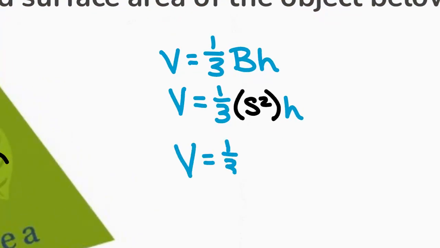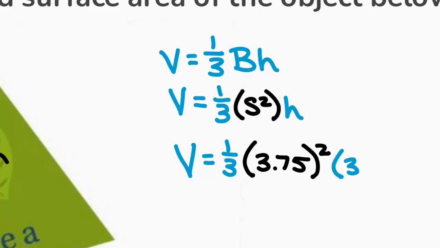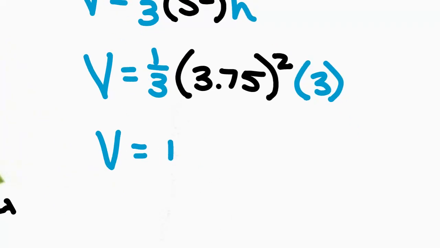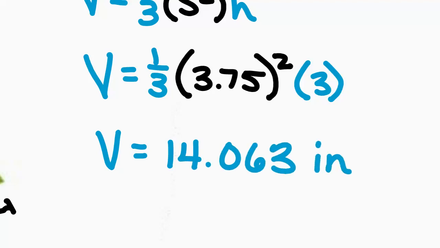We have 1/3, and then the side length is how big? 3.75. So 1/3 times 3.75 squared times our height of 3. When you put that into the calculator, what do we get for the volume? 14.063 inches cubed. Thank you.